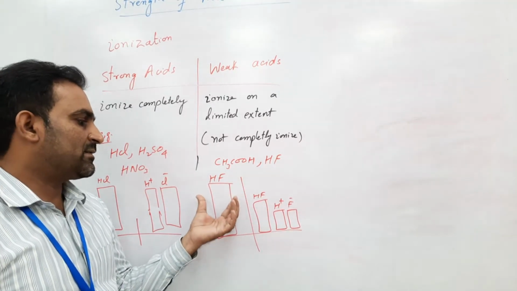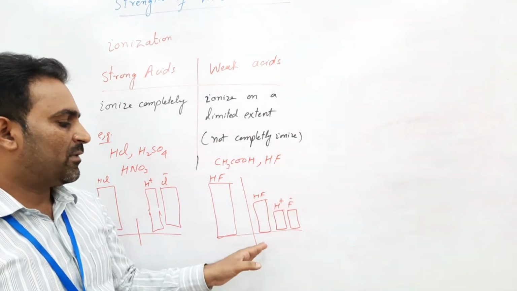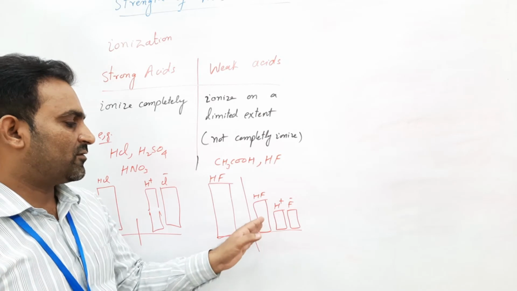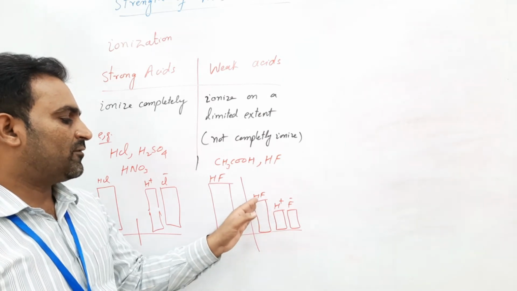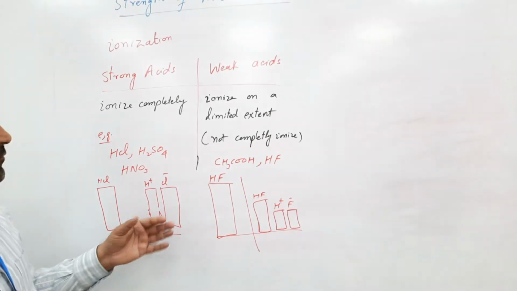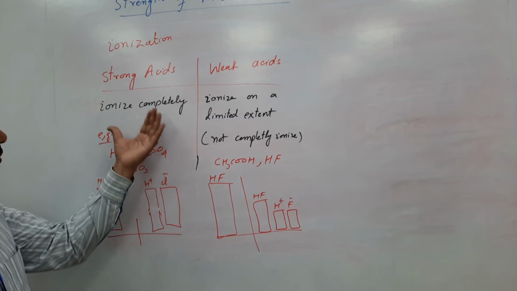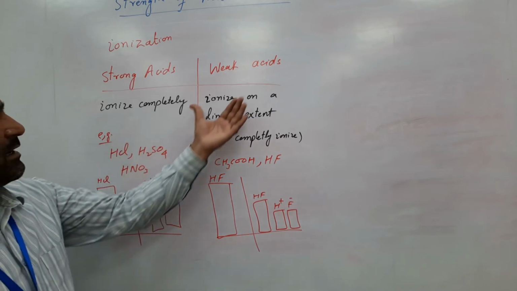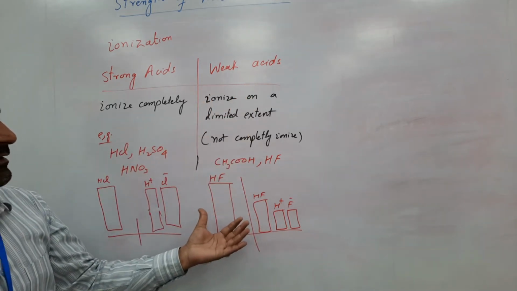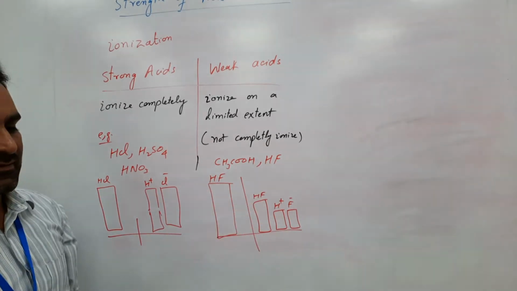This compound is not completely ionized into hydrogen and fluoride ions. After ionization, you have some amount of the original HF compound as well. So the first acid is ionized completely, so we call it a strong acid, and this acid is not ionized completely, so you call it a weak acid.